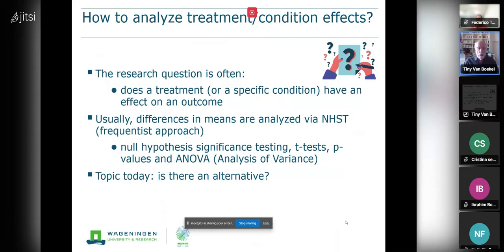And most people seem to do that via the frequentist approach, which is what is called NHST, null hypothesis significance testing. And then you apply a t-test and p-values, sometimes an F-test, and you have analysis of variance. And what I wanted to show you is that there are alternatives that you could consider as well.